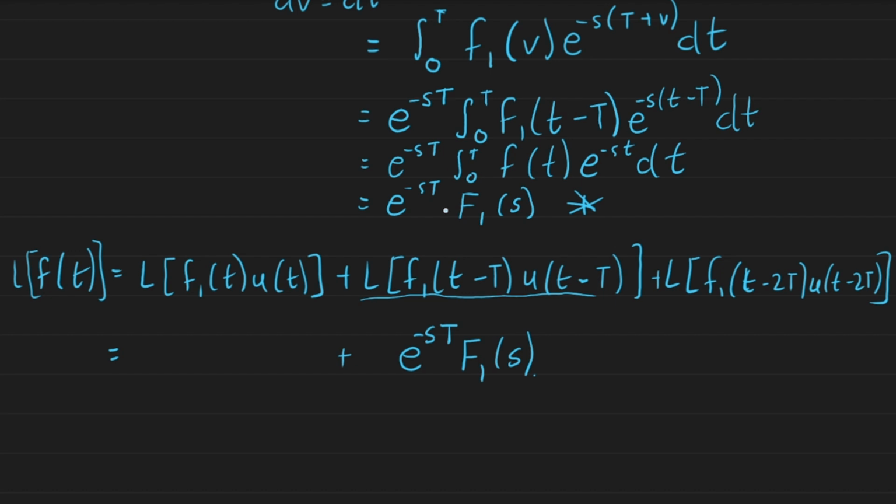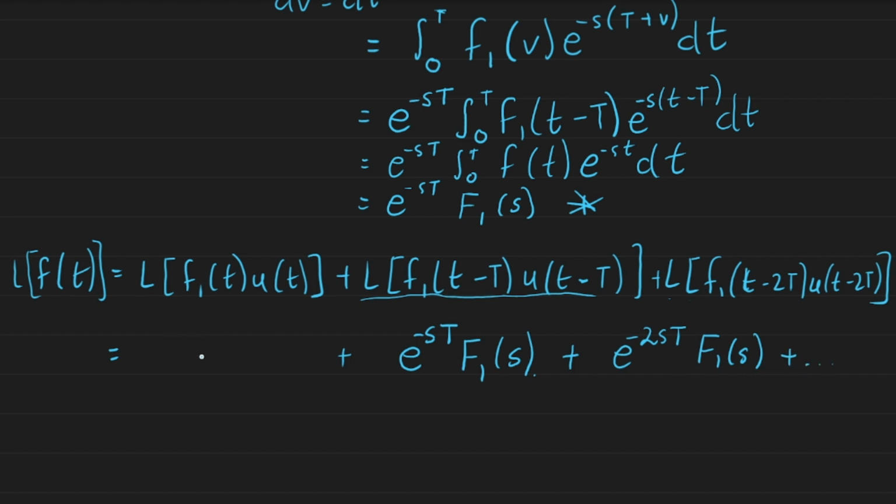So if we were to do this same procedure for the other terms, we would get the exact same thing. However, instead of minus sT, we would have minus 2sT. So this third term is going to be plus e to the minus 2sT times F1(s). Okay, here we had T and we have minus sT. So if we do the same substitution, instead of T, we'll have 2T. So that's how this minus 2sT comes there, and it would carry on in this manner.